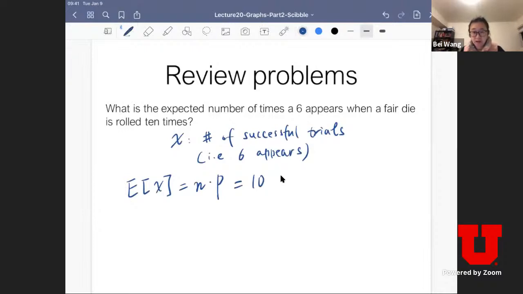Because it is a fair die, the probability of a 6 appearing is 1/6. So this way I'm getting 5/3, which is the expected number of times a 6 will appear when you roll a die 10 times.